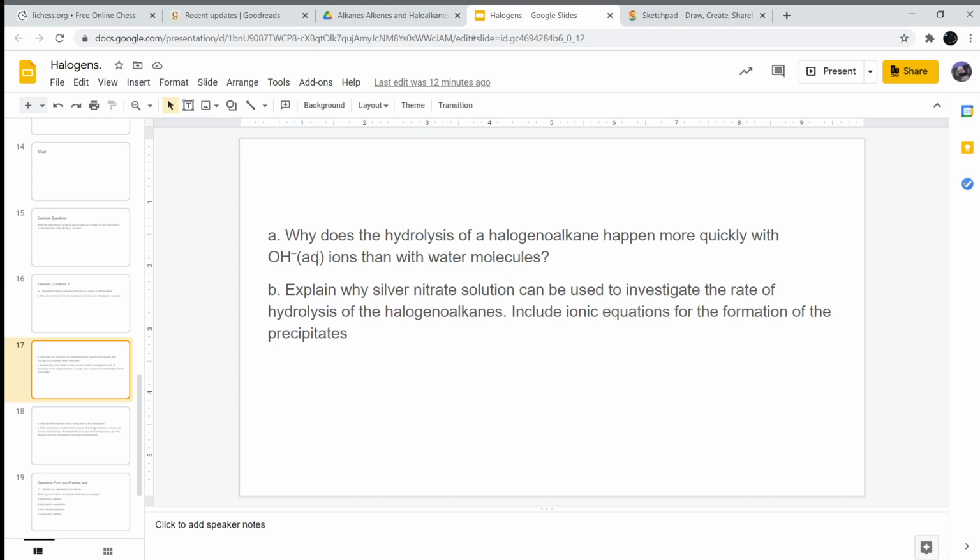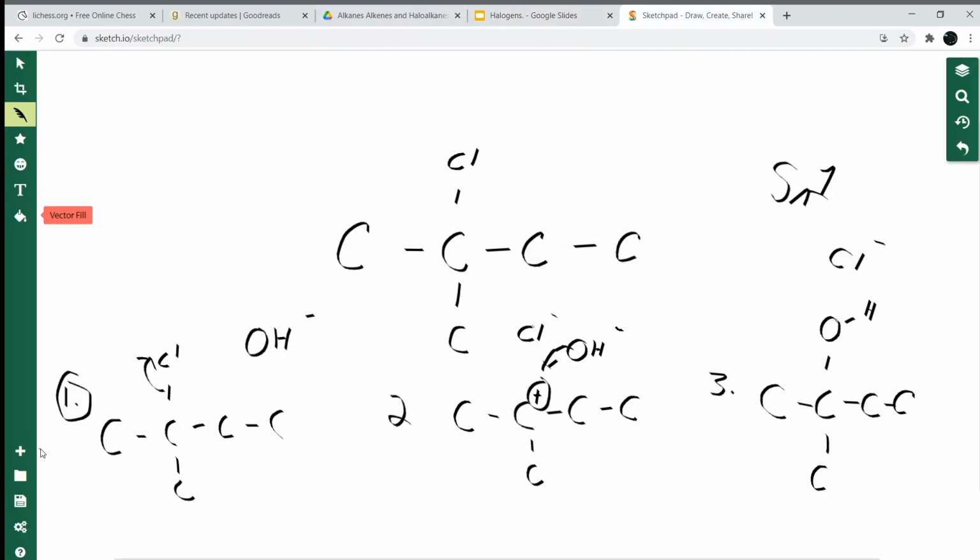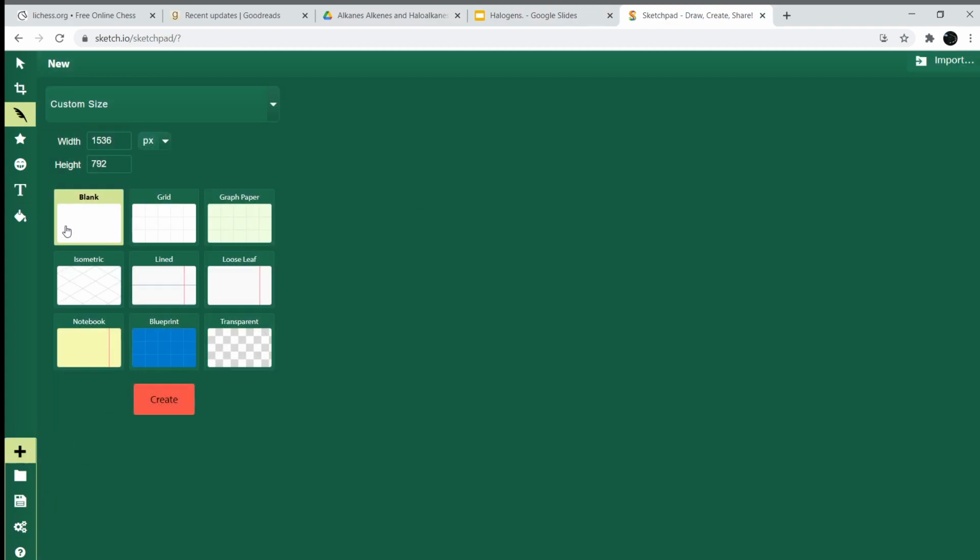Okay. Next set of questions here. It's asking, why does the hydrolysis of a halogenalkane happen more quickly with OH ions than with water molecules? Okay. And this again is something that we can explain simply by drawing it out.